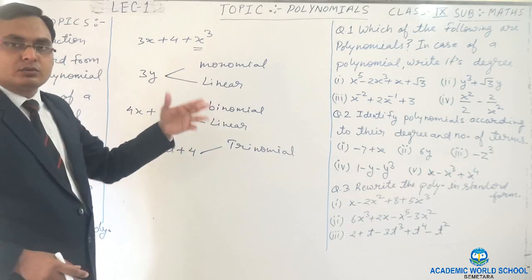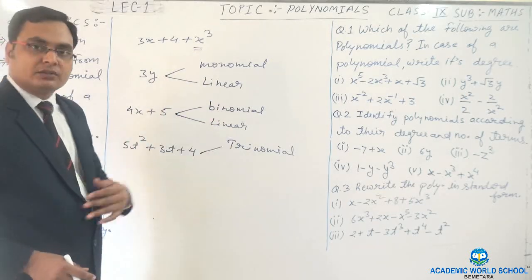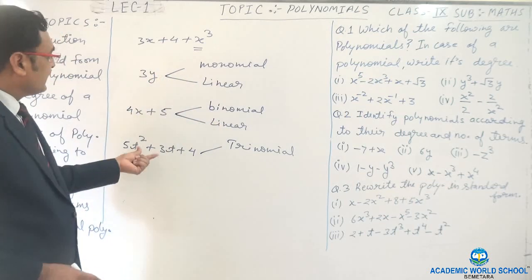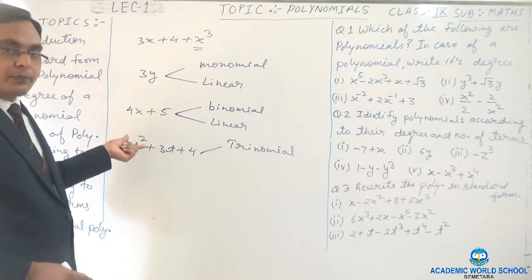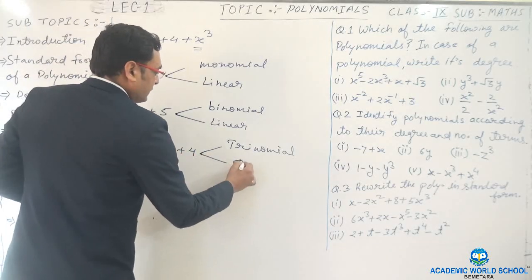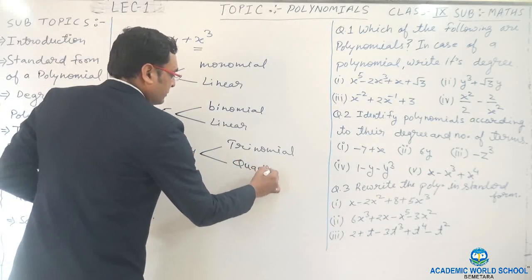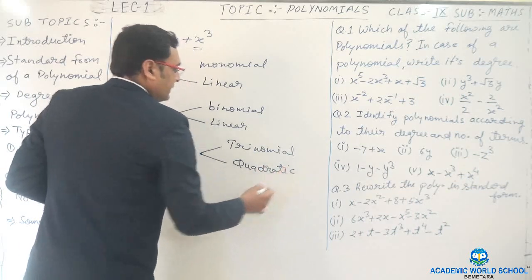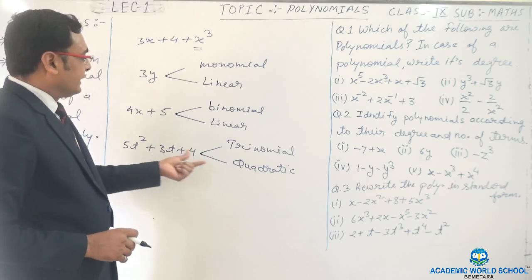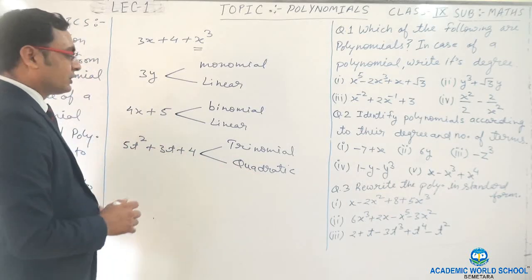Bi is 2, so binomial. Tri is 3, so trinomial. This is also linear, this is also linear. Here the degree of this polynomial is 2. Because its degree is 2, it is known as quadratic polynomial. It is trinomial on the basis of the number of terms and it is quadratic on the basis of its degree.